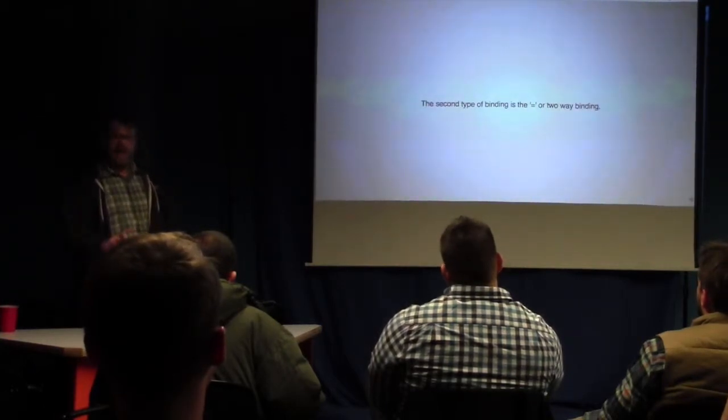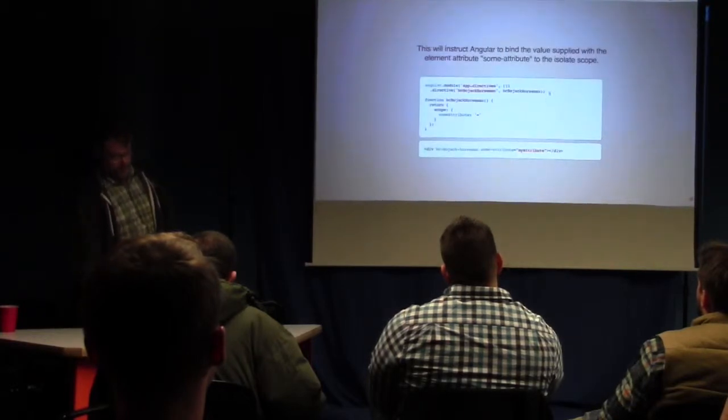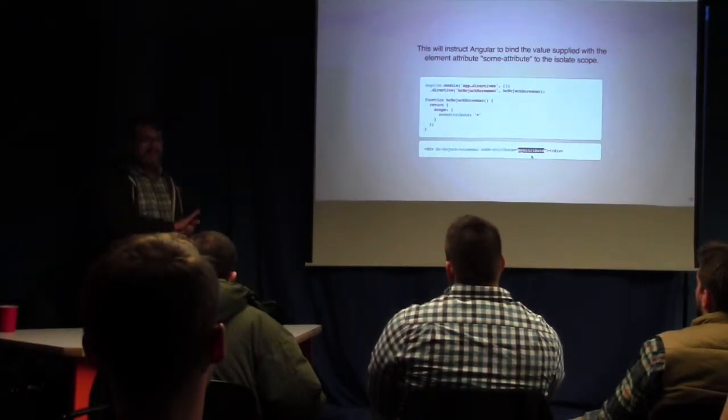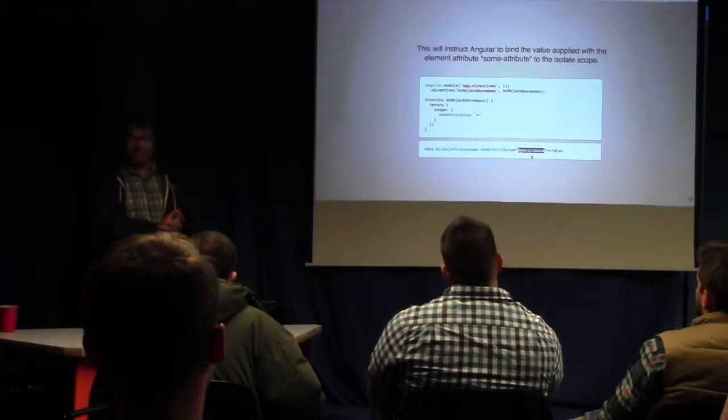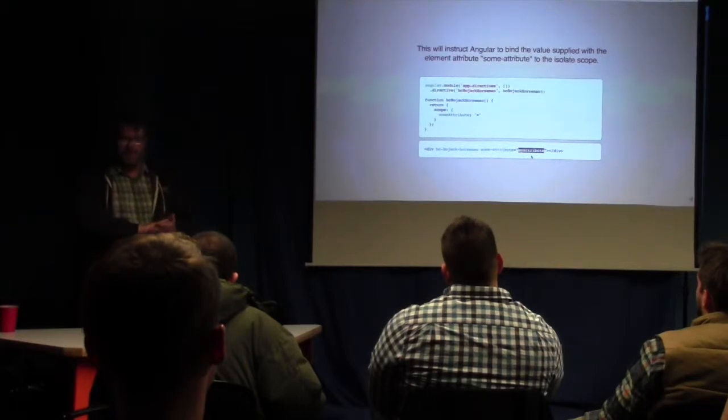The second way is to add actual two-way binding instead of just the one-way binding. So if you say that some attribute is equal, what Angular will do is actually parse that as an Angular expression. Thank you for helping me with that.